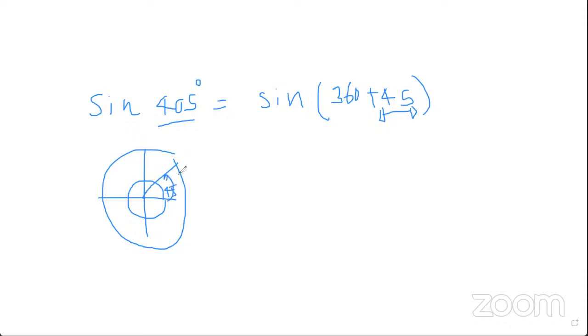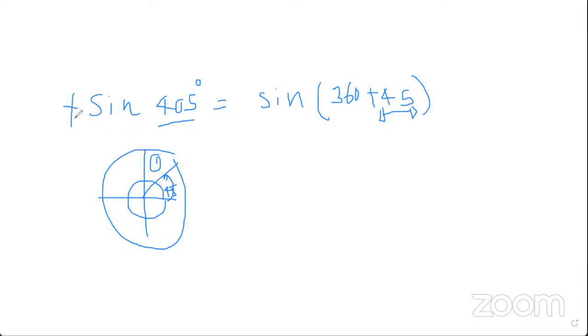When you go 45 degrees, it will still be in the first quadrant. Therefore, now you want to understand where this 405 is located. It is in the first quadrant. Why? After 360, you again take 45 degrees. Therefore, it will be located in the first quadrant.